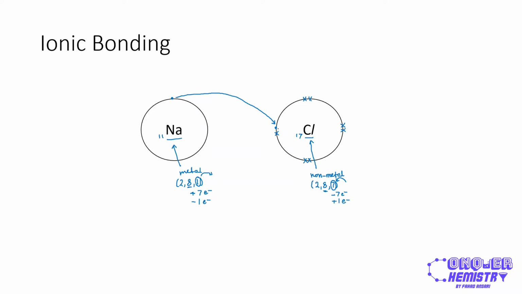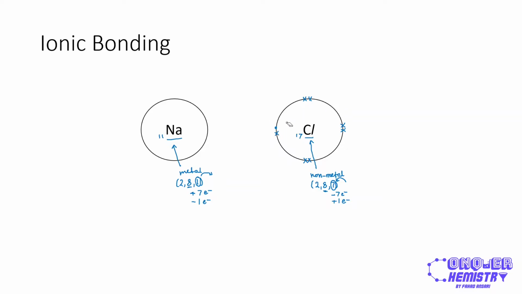This dot shows that the chlorine gained the electron, and this was an electron that sodium lost. Now this shows the transfer of electrons, but if I were to show the outer shells of the ions, I'm going to erase this.